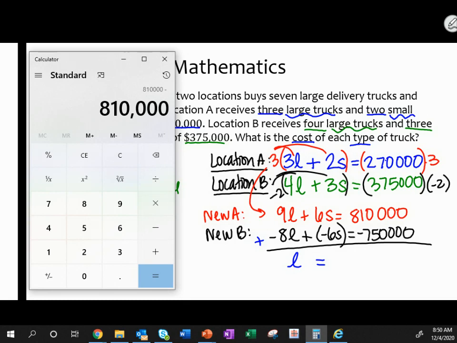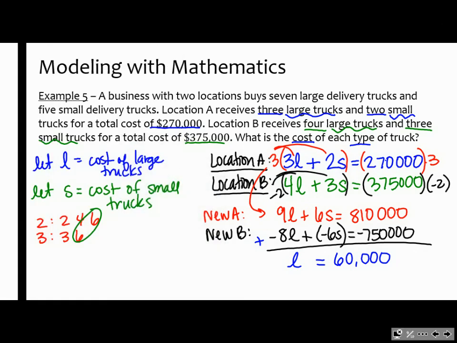It behaves as subtraction, so 60,000. Remember our variable L stands for the cost of the large truck. So a large truck is $60,000. Now, if you guys know anything about buying cars, that's a pretty high price, but for a delivery truck, that's actually probably really reasonable.